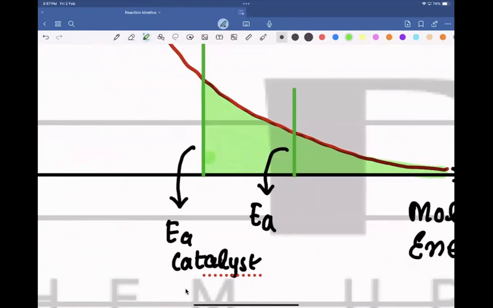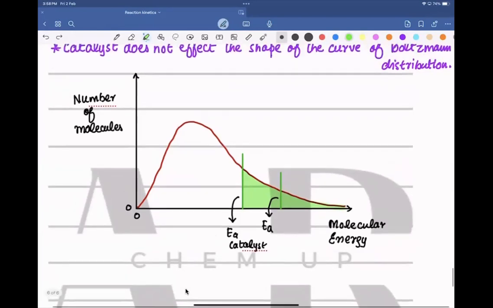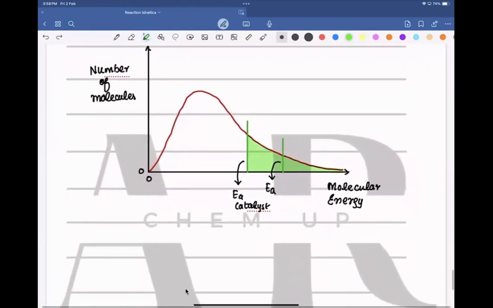So now the proportion present in the shaded region, this proportion of the molecules, will turn into product. Is this clear? Yes, sir. If any of you have any confusion, please ask.